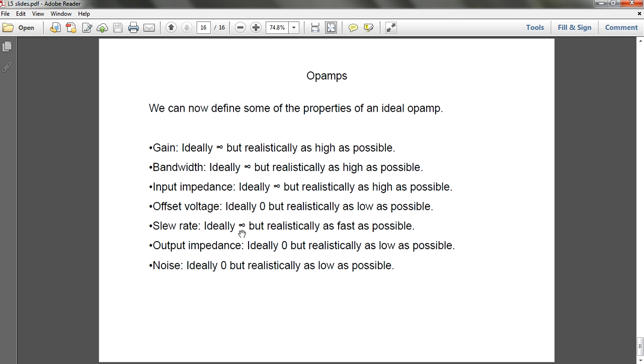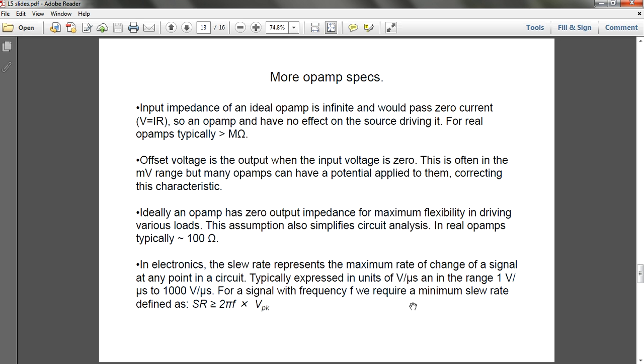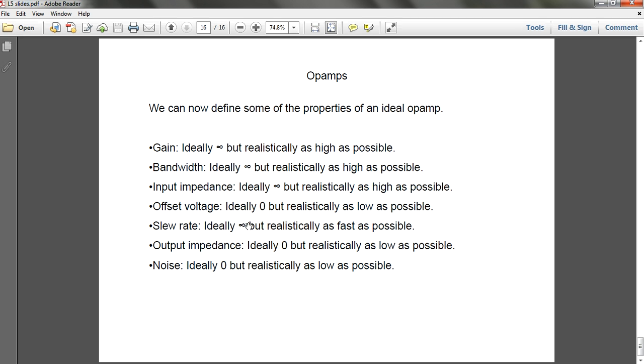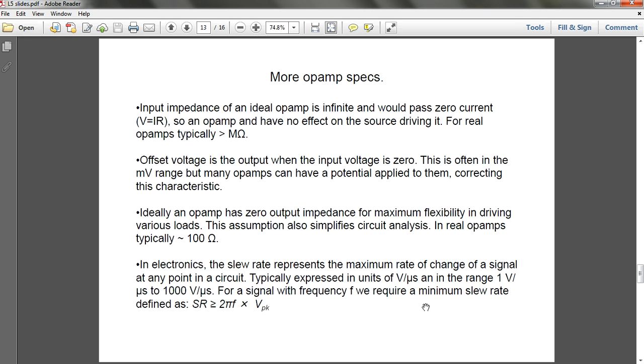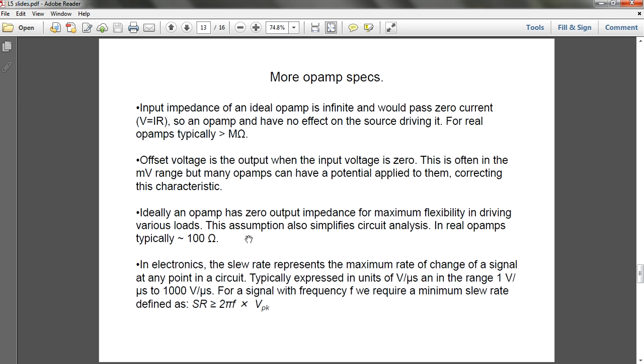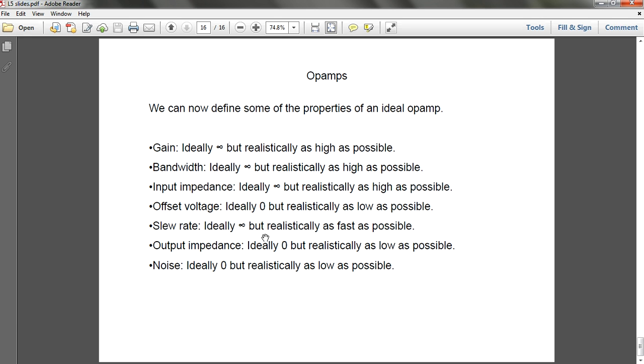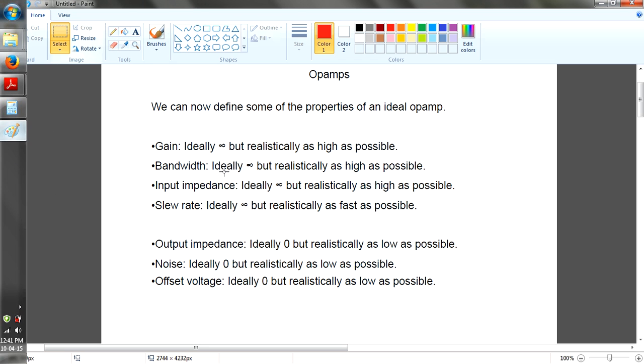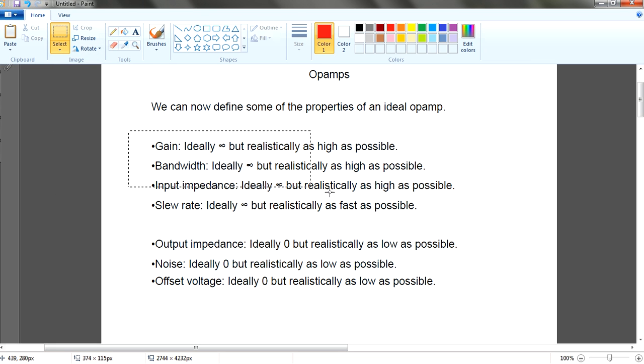Here it says minimum, and here it says infinity. So who do I trust? In this case, to protect yourself, you may say that minimum slew rate applies for a frequency signal. For other cases, slew rate ideally is infinity.